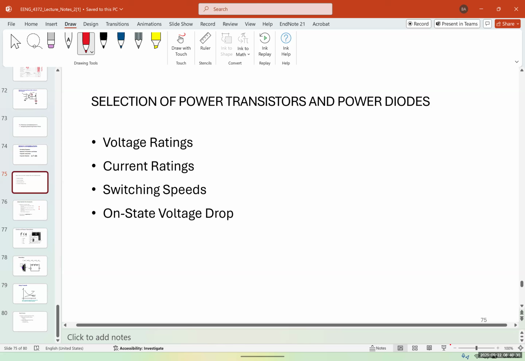The voltage rating is not that high. But if we want to build an HVDC, high voltage DC system, the voltage is several thousand volts, then you need a very sophisticated system. And then we have the current rating, the same, how much power we want in the output. We have the switching speed, frequency, and the on-state voltage drop, which determines the amount of loss as well.